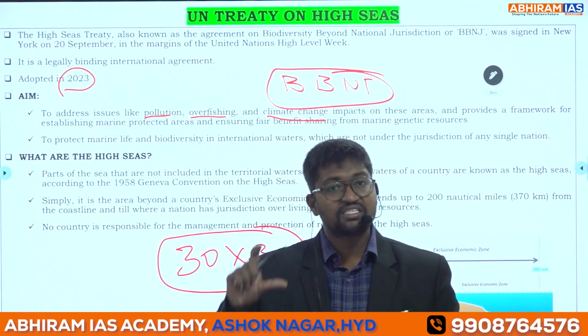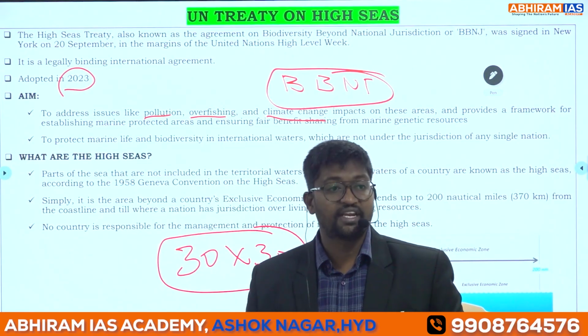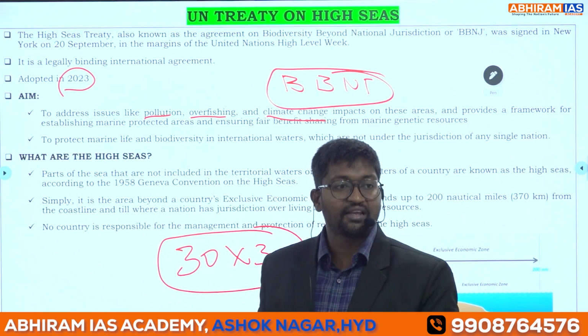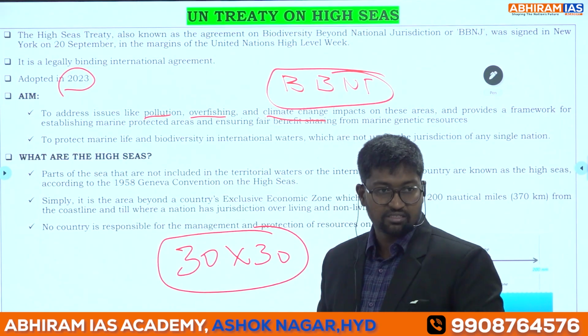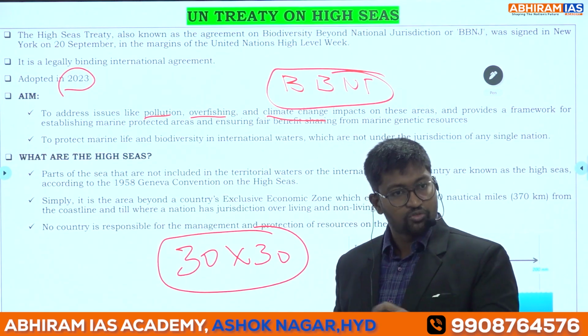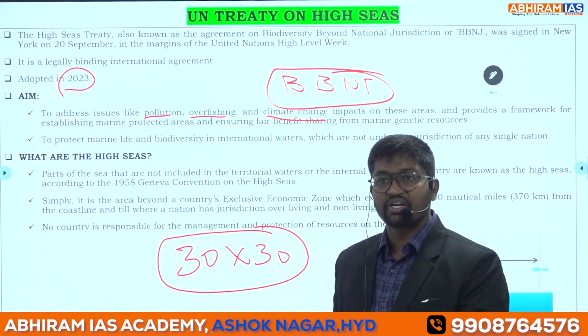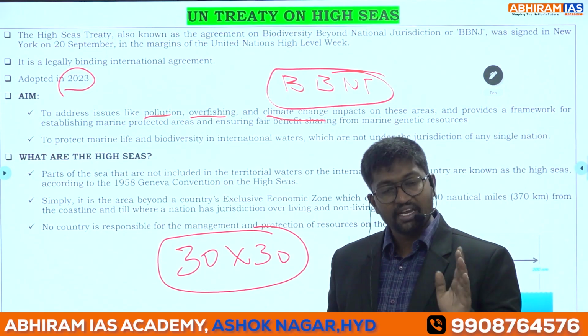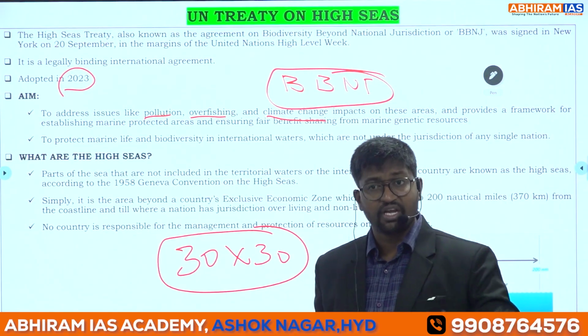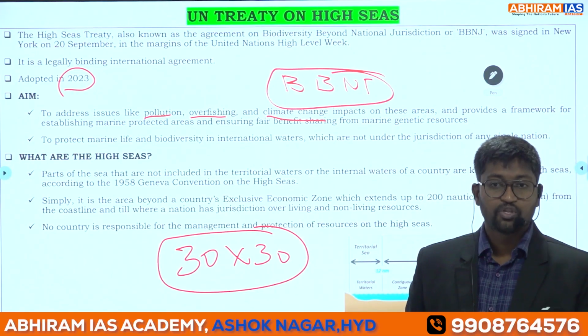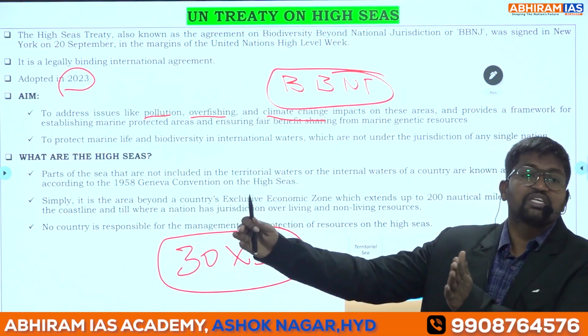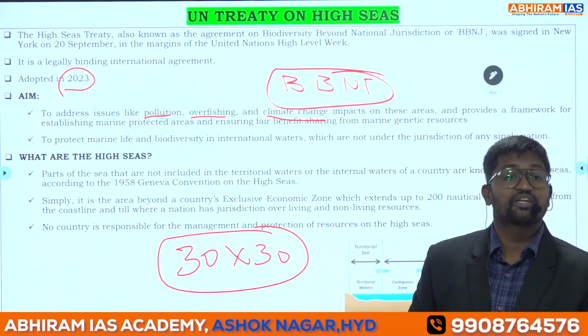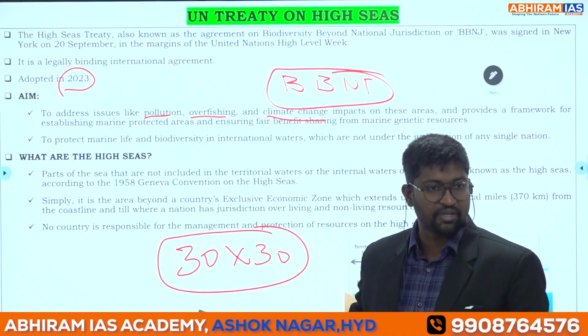On the same line, designating 30% of coastal or ocean area as protected areas. So if you want to use it for transportation or any other purpose, or for research or exploration of minerals, you have to keep 30% aside as a protected area. Did we discuss this 30 by 30?